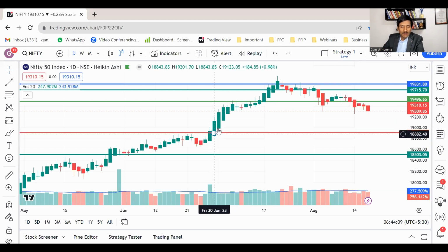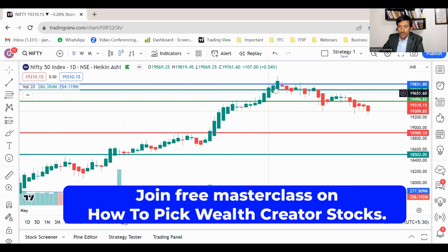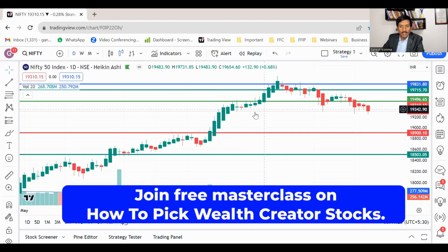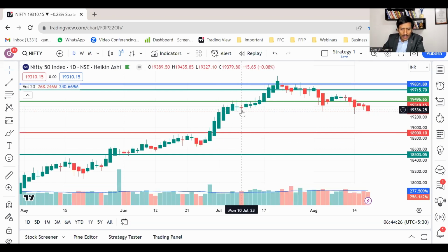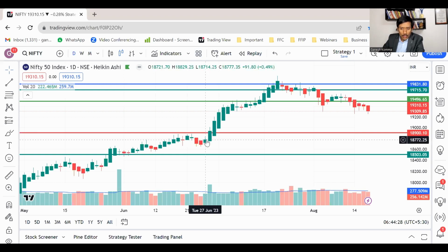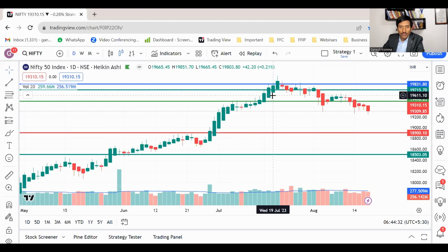And this is suggesting that from almost around 27th June till 20th July, it's a clear positive momentum. It's a clear bullish market, except for one day where it has turned red. Throughout this entire period, it has been positive.